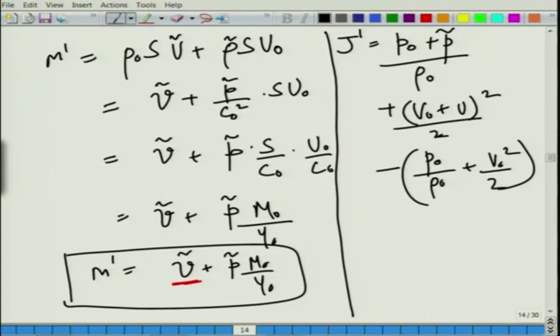Now we need to do some algebra, but I will skip that because we have already done it in the last class. The entire idea is about cancelling terms. It is clear that these terms will cancel away and this term will be retained, and some second order terms will drop out. So, once we do some simple algebra, we are going to get p tilde by rho naught plus u naught times u tilde, exactly what we saw in the last class.